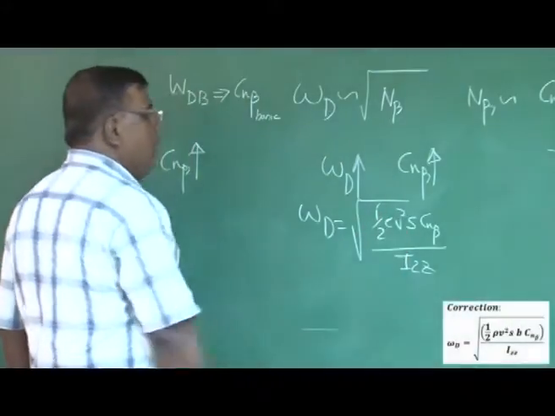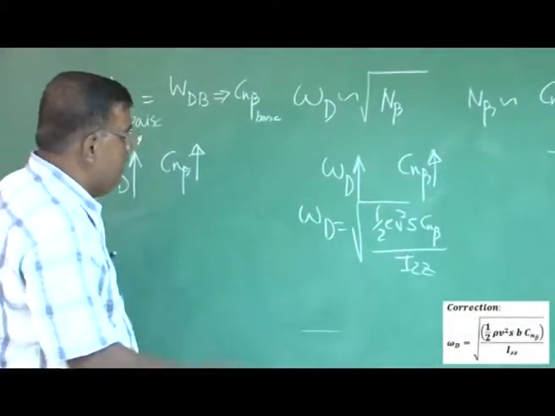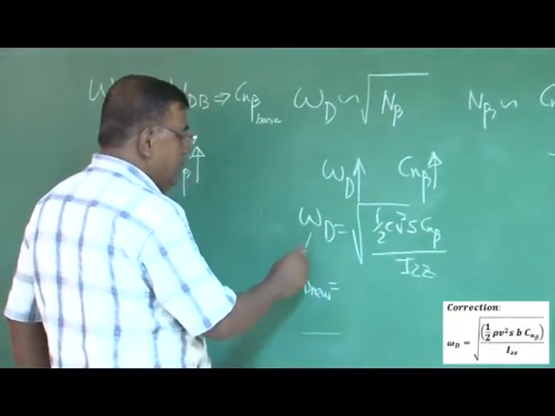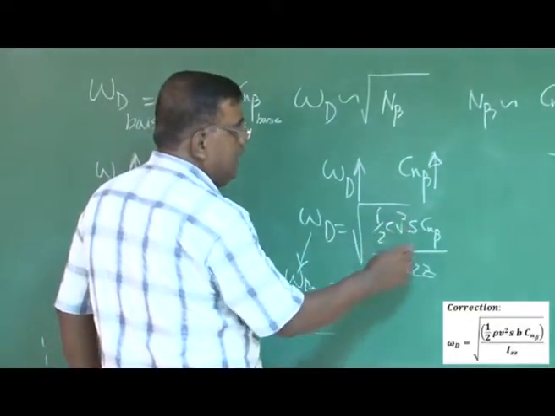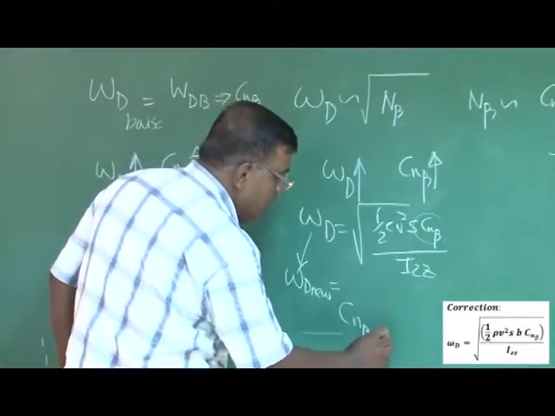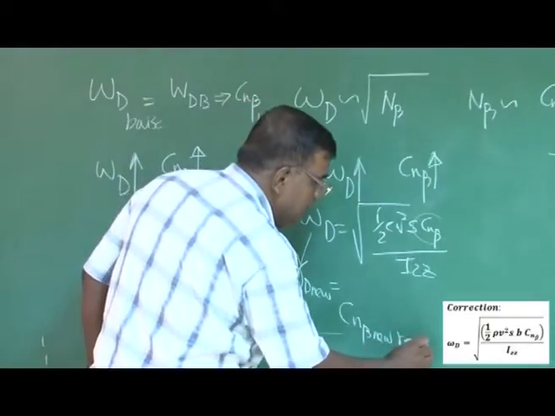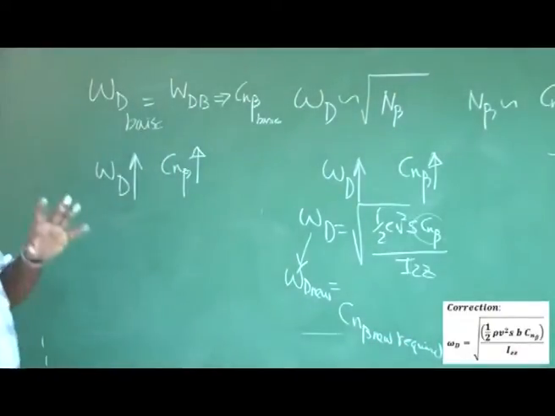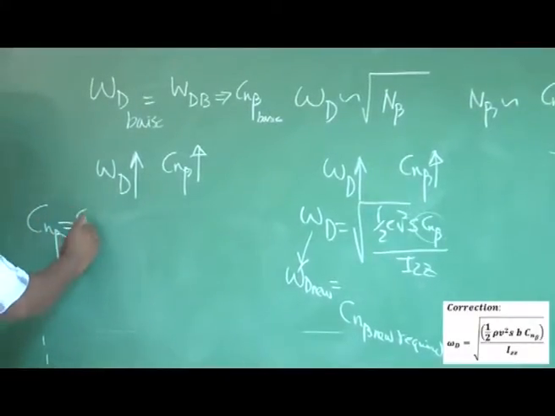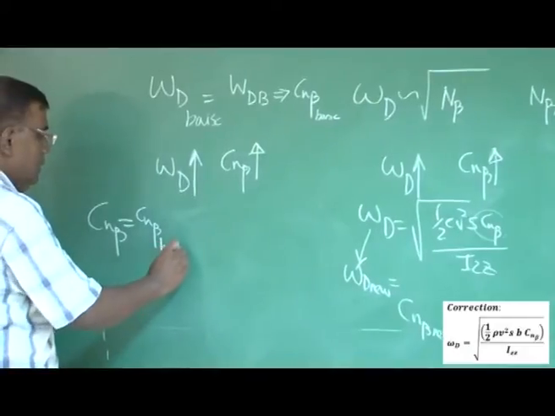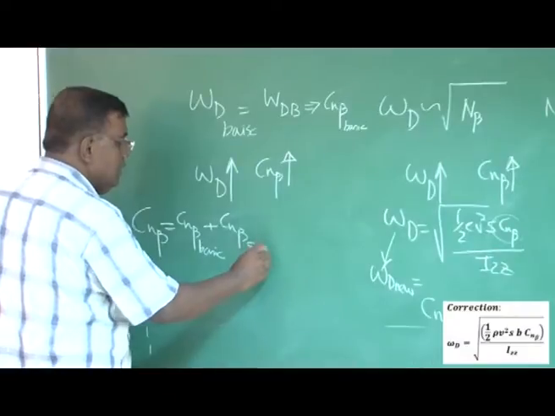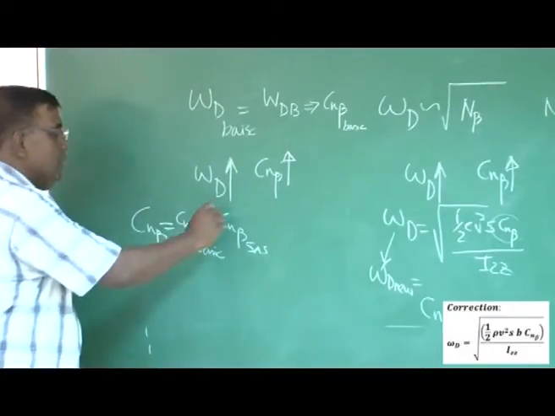All these values I know. Whatever Dutch roll frequency is required, I put on the left hand side, and for rho, v, S and I zz, I know what Cn beta is required. So total Cn beta is Cn beta basic plus Cn beta which will come from SAS, that is the additional.